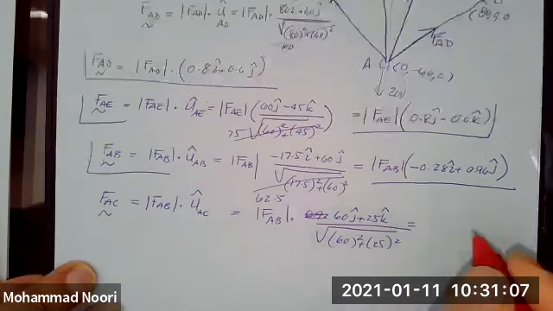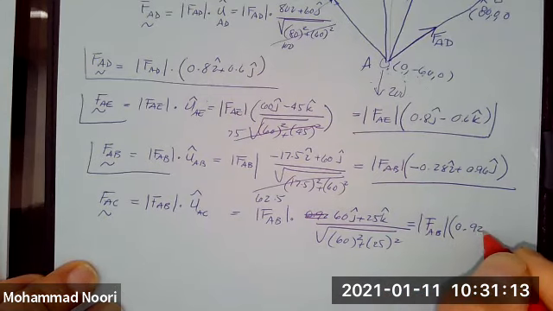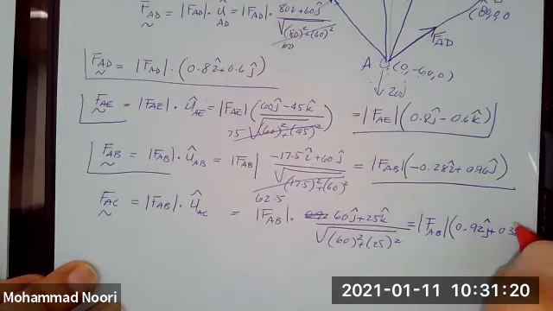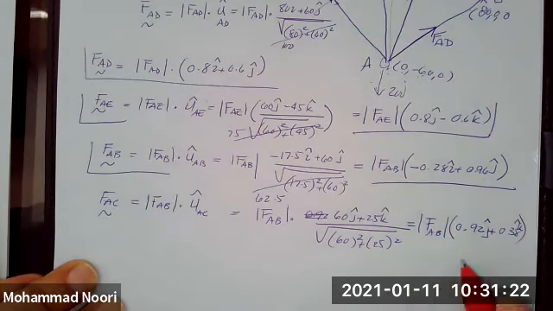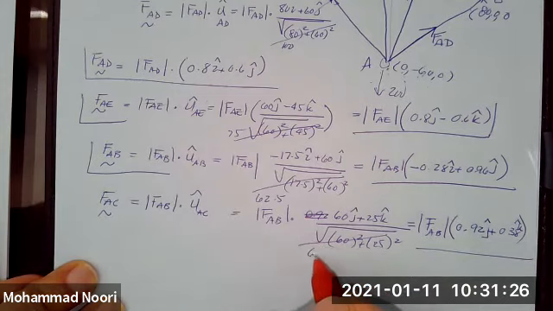If you simplify that, it becomes force of AB times 0.92 J plus 0.38 K. Okay, so that's this, because this is 65.